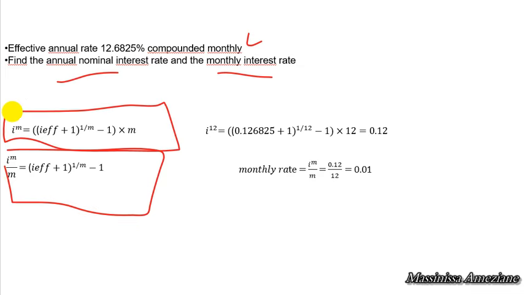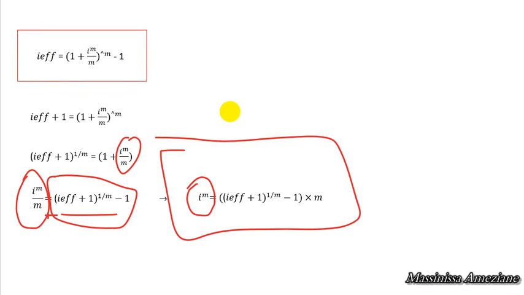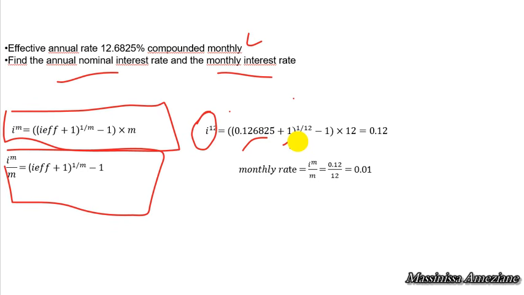For the annual, it is the effective interest rate plus 1 power 1 over 12 minus 1, and all this times 12. This is the formula we have used. And we got 0.12 or 12%.